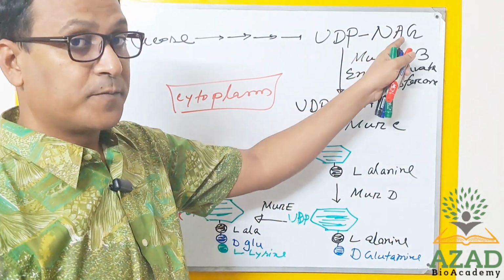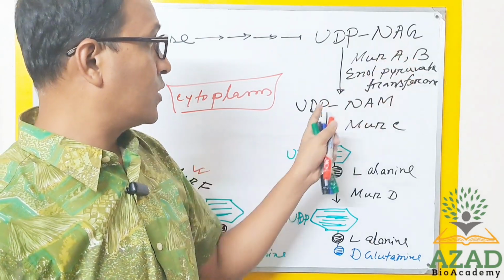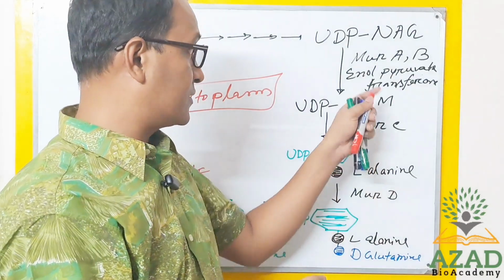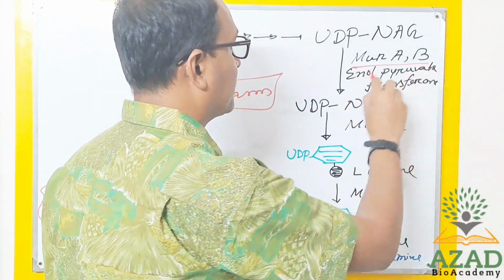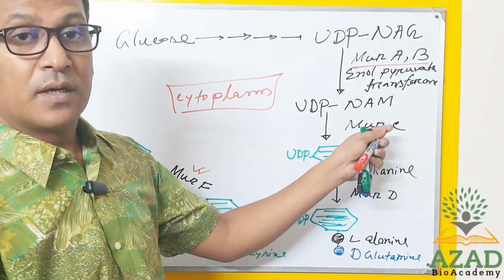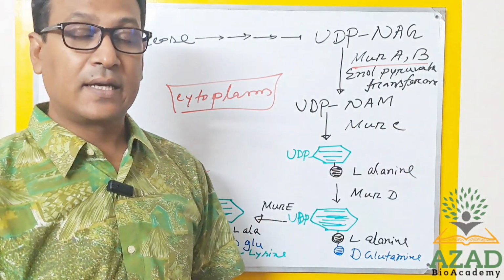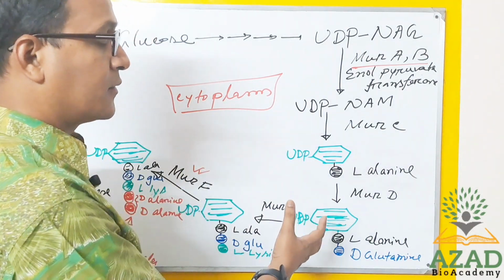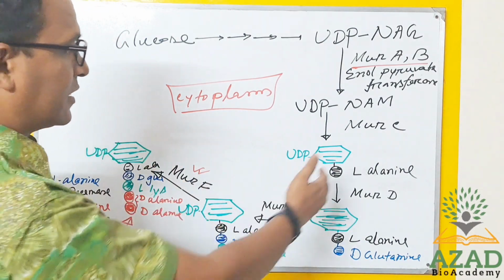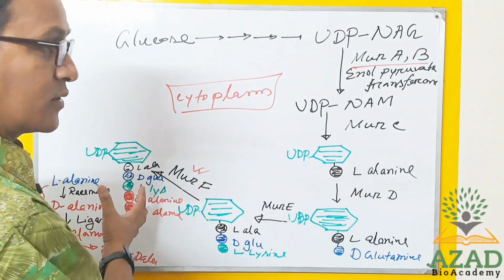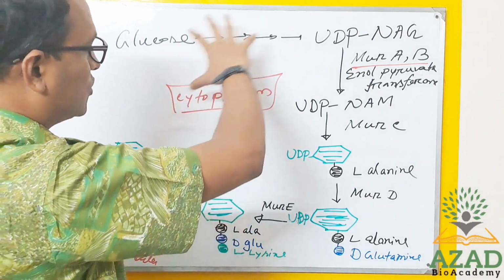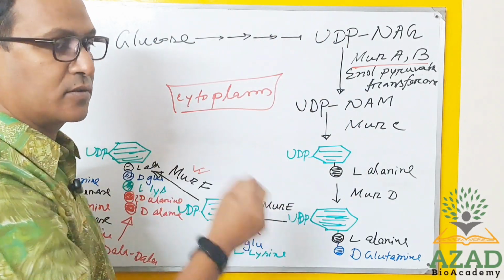And UDP N-acetyl glucosamine will be converted by the help of the enzyme MUR-AB, or you can say another name is enol pyruvate transferase. Then it will produce UDP N-acetyl muramic acid. Then 5 different amino acids will be attached by different enzymes. Okay, and everything is happening within the cytoplasm. So this is the initial stage, and this is the cytoplasmic stage.